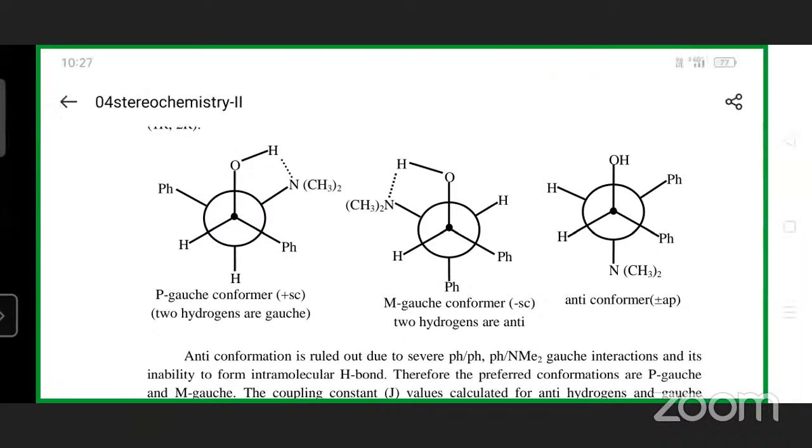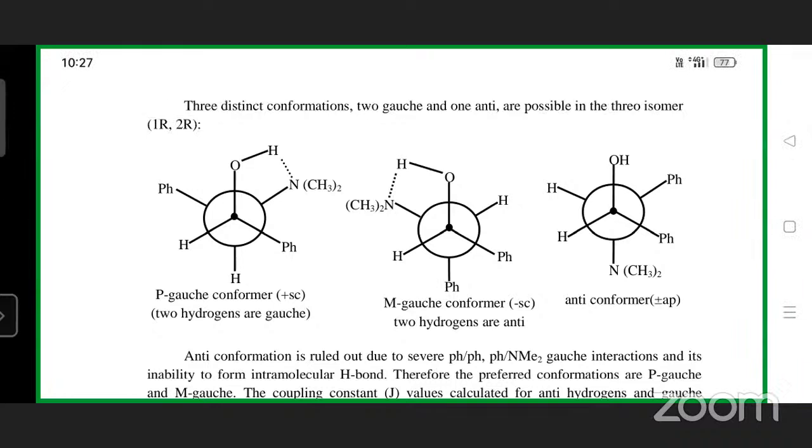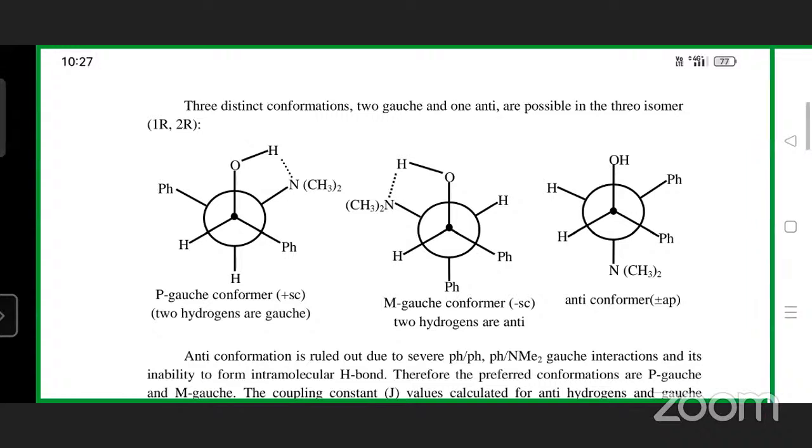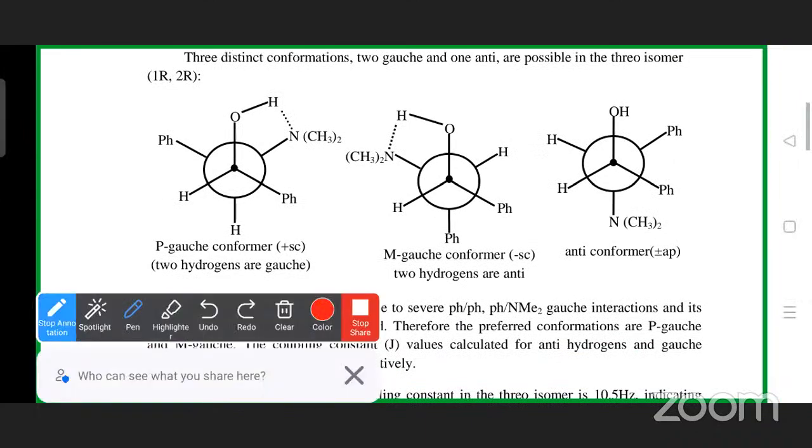So like here in these amines, the hydrogen bonding is possible here, and the two phenyl groups are in the opposite direction.